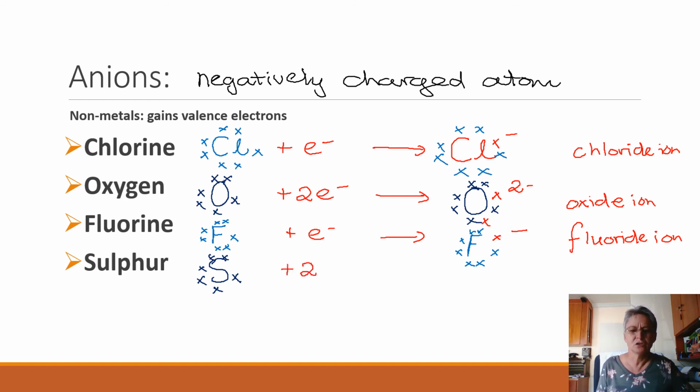It needs 2 electrons to fill the valence energy level. So the sulfide ion has 2 extra electrons, and those 2 extra electrons make it a 2 negative anion, and it's called the sulfide ion.